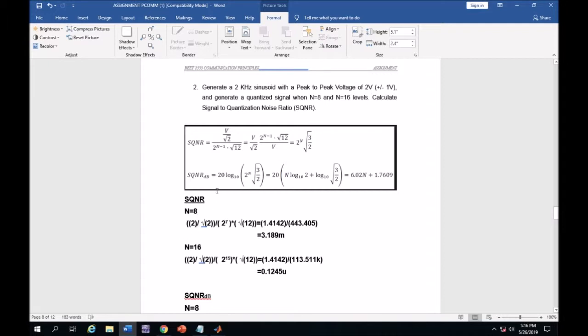Okay, this 2 I just substitute into V over √2 and over 2^n − 1. N is 8. 8 minus 1 is 7. 2^7 multiply √12, and the answer is 1.4142 divide by 443.405, and I get the answer is 3.189 m for n equal 8.